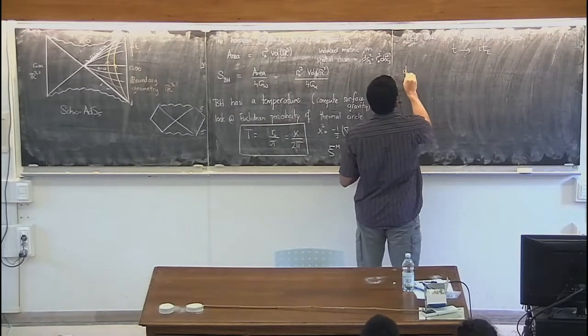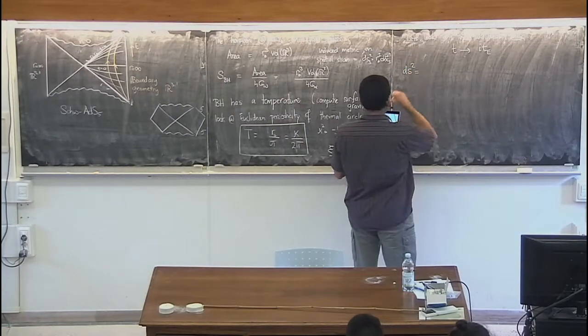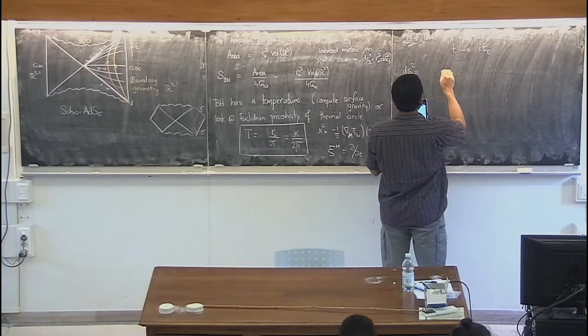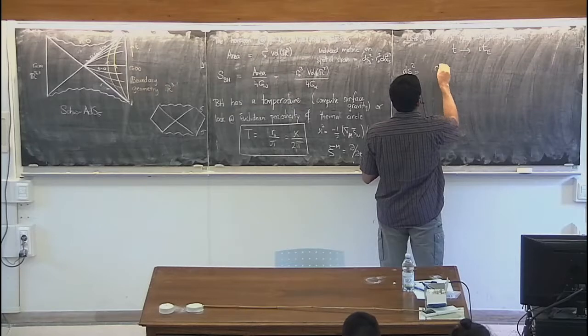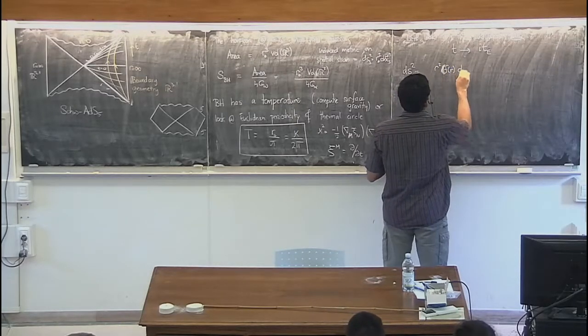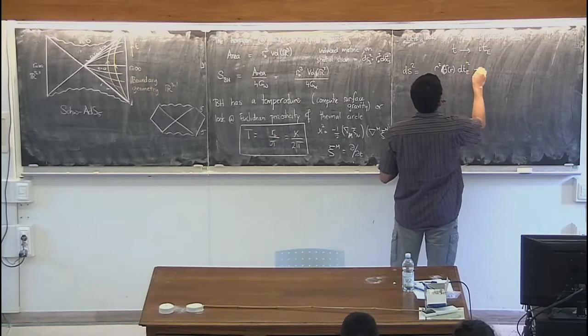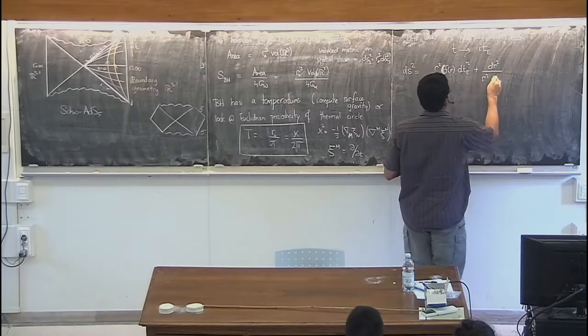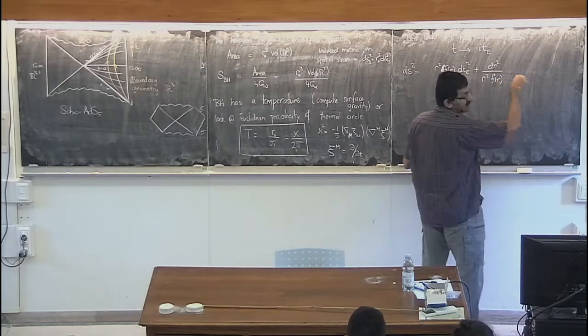But for now, let's just do this trick and look at this two-dimensional slice, which looks like r squared f of r dt_E squared plus dr squared over r squared f of r. I'll ignore the spatial part.